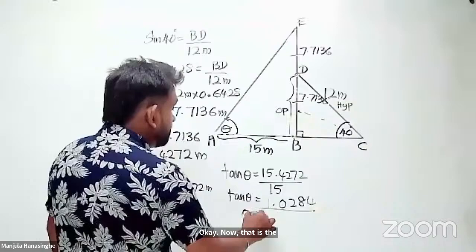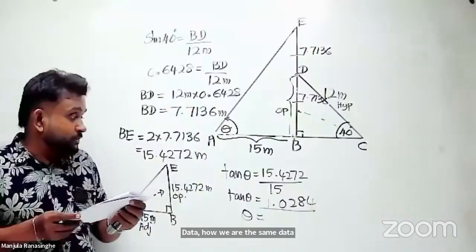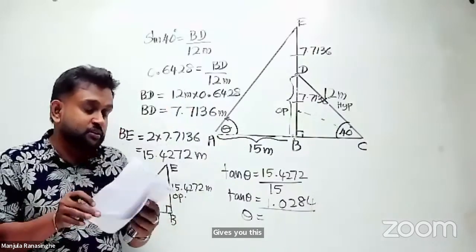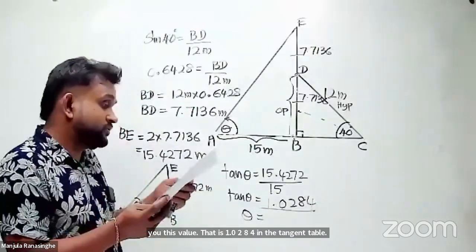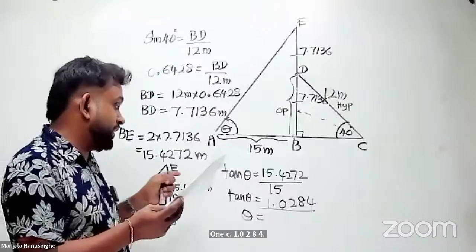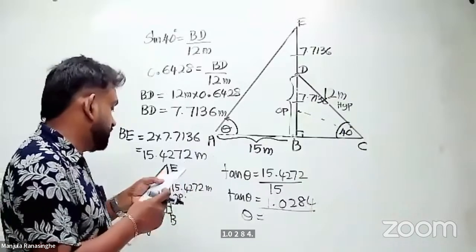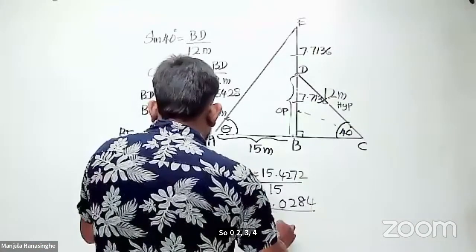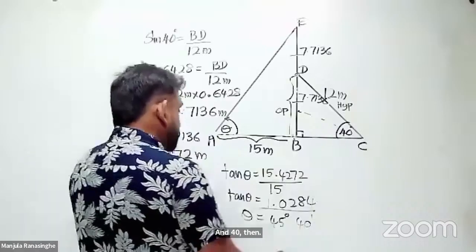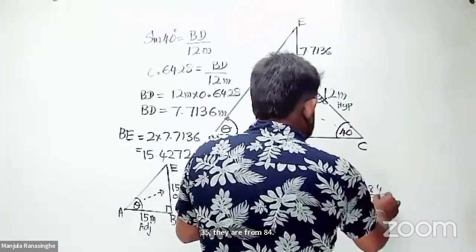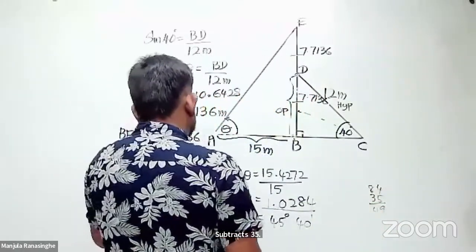So now you check the theta, where the tan theta gives you this value, 1.0284, in the tangent table. 0284, so 45 degrees and 40 minutes, then 35 there, from 84 subtract 35. 49 is the balance, 49 there, 47, 8.